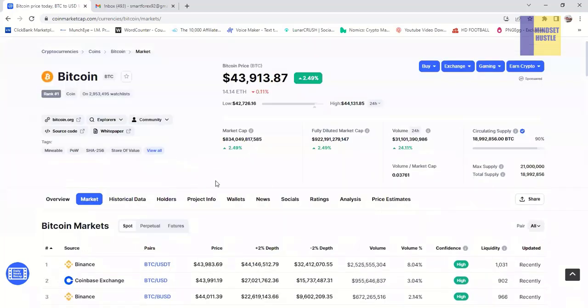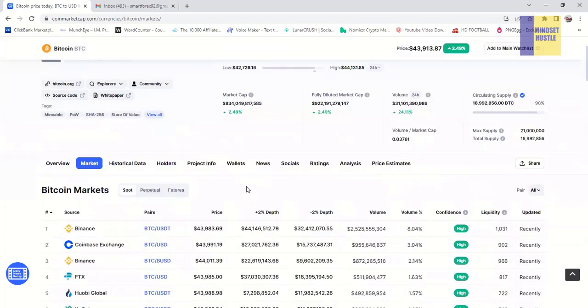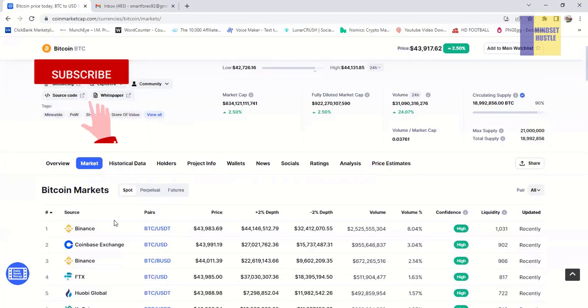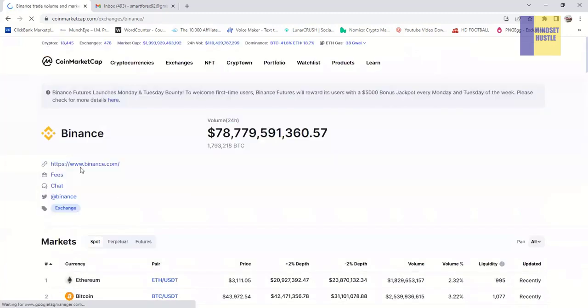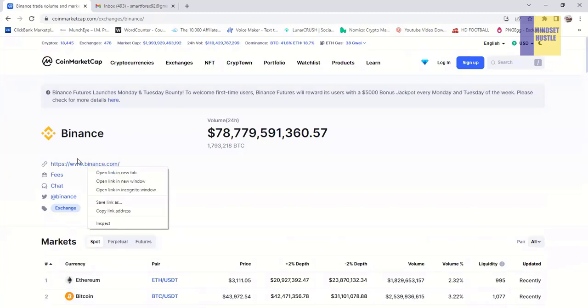Okay, now after you've seen the exchange on which that particular token is trading, if you don't have an account with them, for instance, let's say you don't have an account with Binance, but you want to buy Bitcoin on Binance, you click on Binance, it will bring you here, and then you click on their website here.